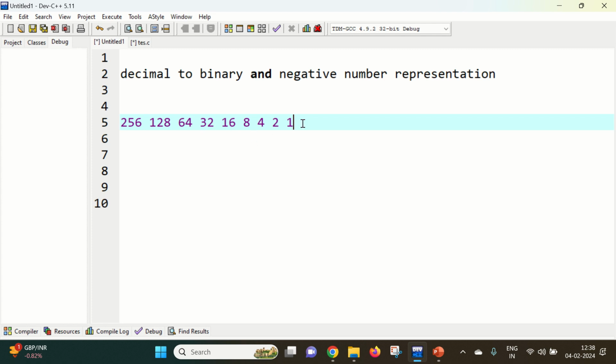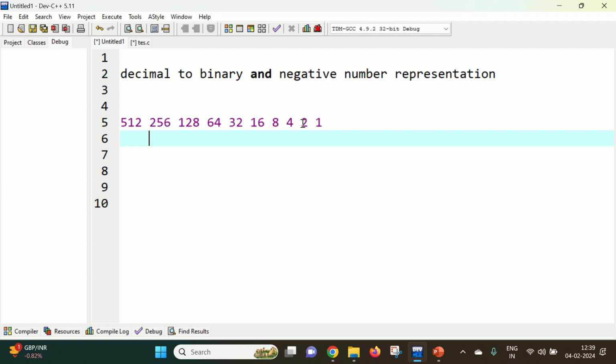So here I write 1, that is 2 to the power 0, then 2, the double of 1, then 4, then 8, then 16, double of 16 is 32, then 64. After that I write 128, and then 256. You can write one more number after 256, it becomes 512.